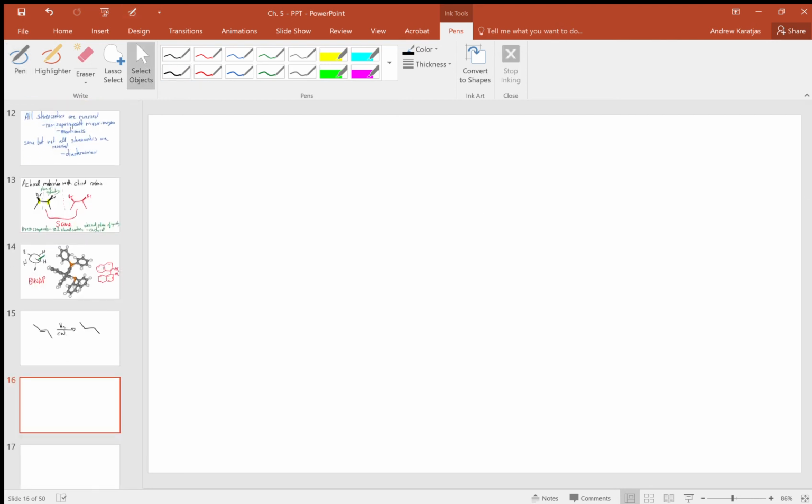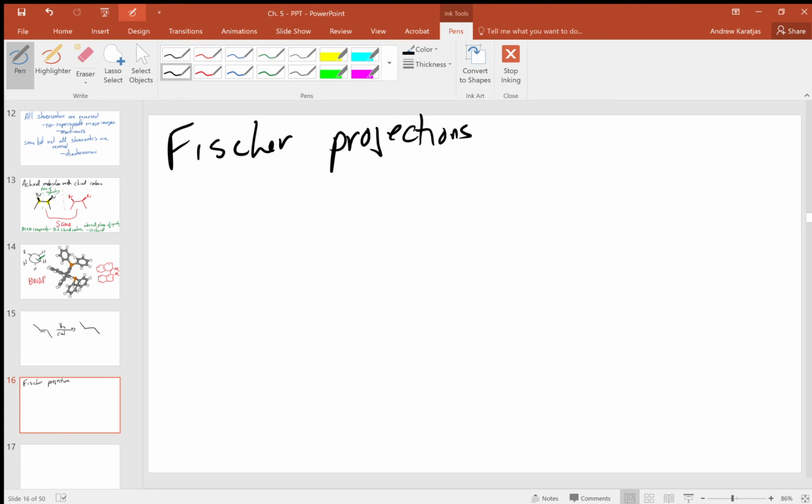All right, one final piece. I just mention this briefly because many of you are going to take biochemistry in the future and you'll need to know this here: what we call Fischer projections. Fischer projections are another way of drawing molecules. This will be one of the only times that I ever use them because I don't like them.